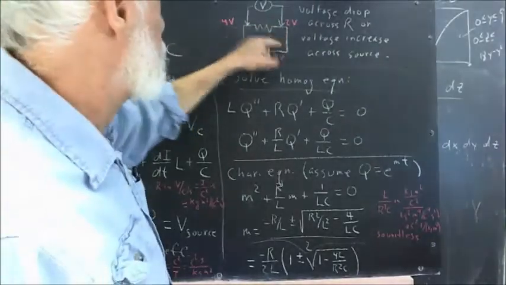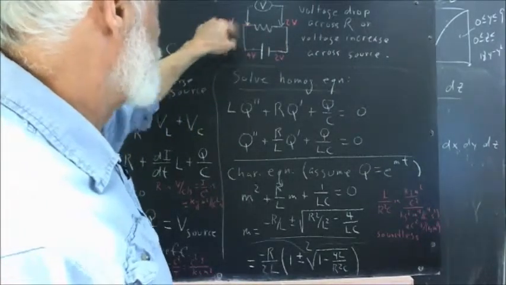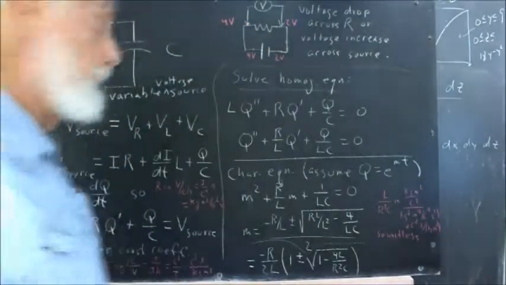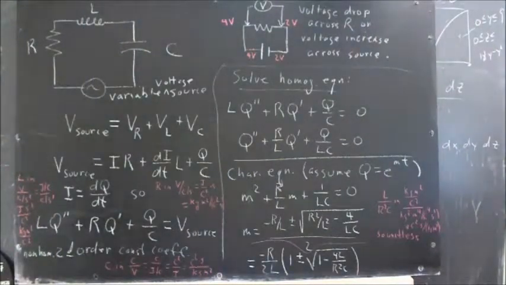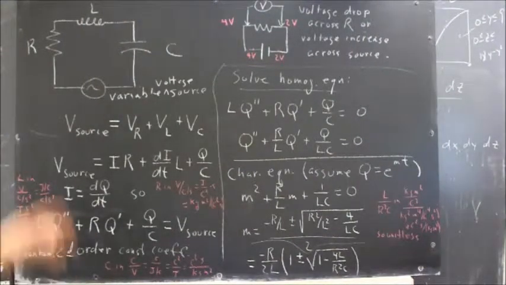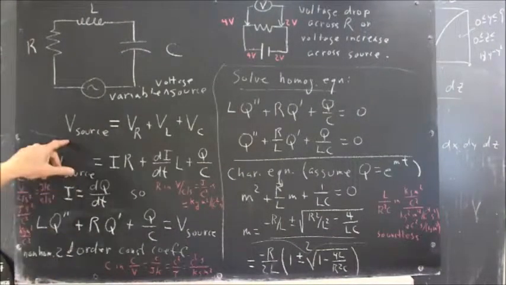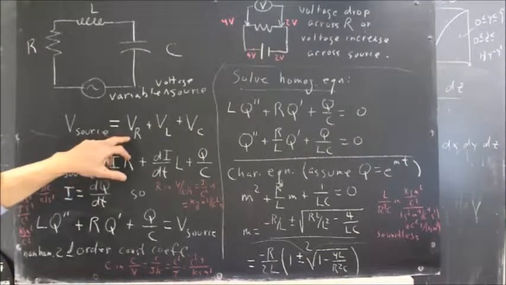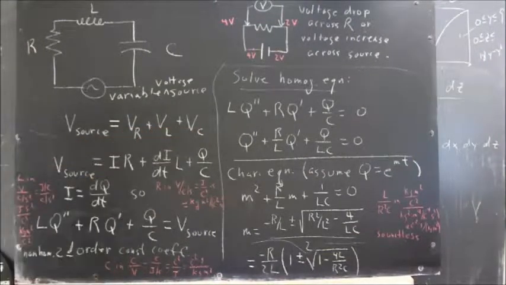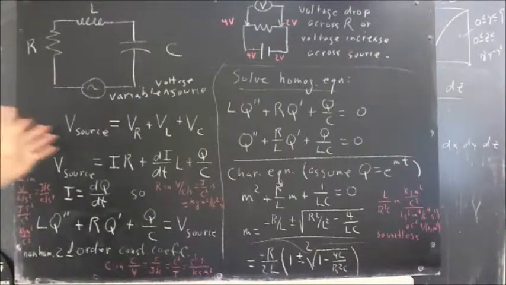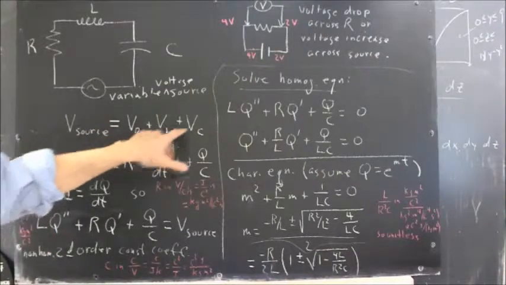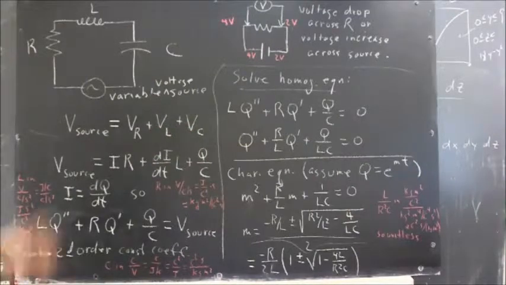Every point on this wire is at the same potential, and every point on this wire is at the same potential. And that leads to the equation where the voltage of the source is equal to the voltage across the resistance, etc. The voltage change across the source is equal and opposite to the voltage change across the resistor, inductor, and capacitor, and that's exactly what this equation is saying.